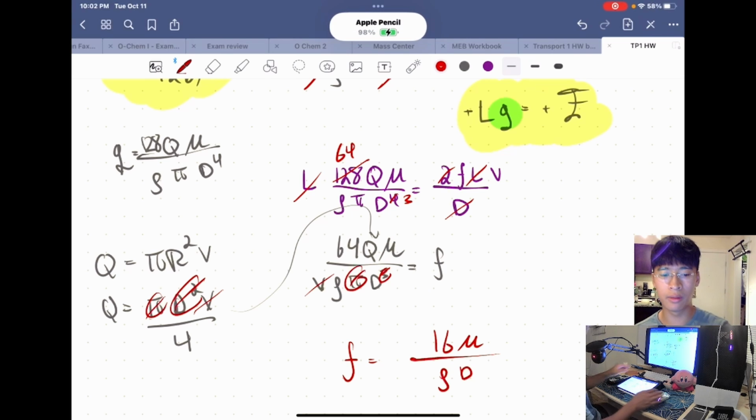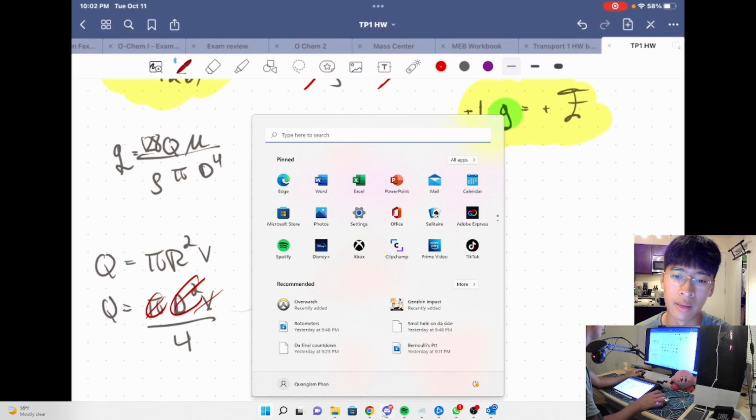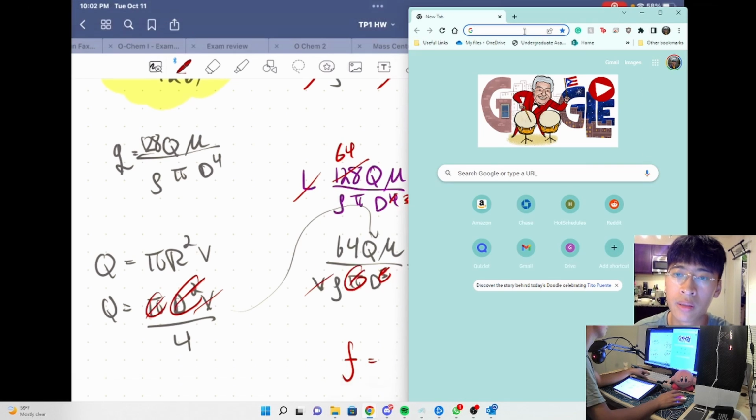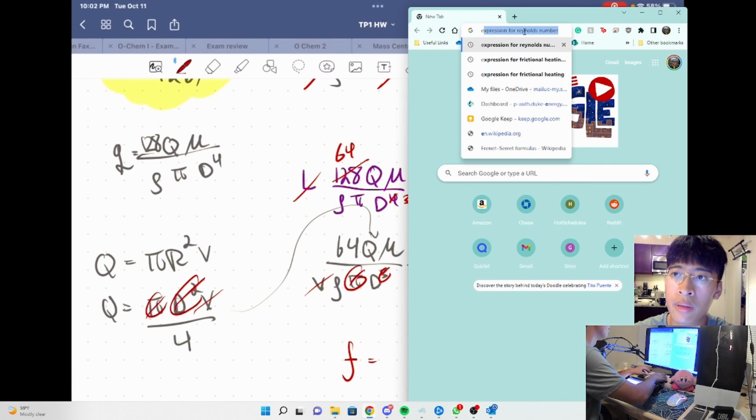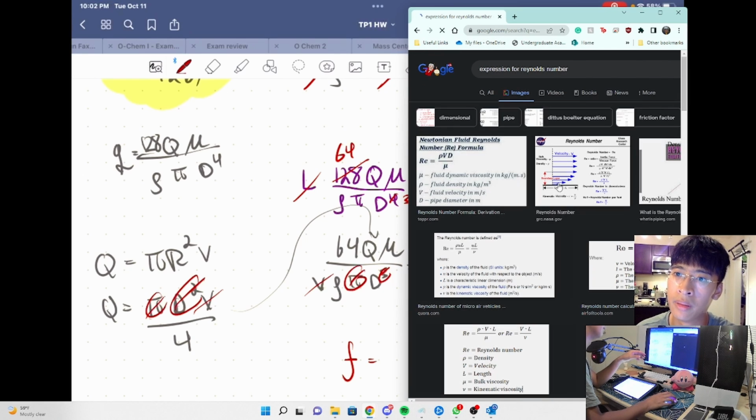Okay, and you see we're super close here. And if you go off and check out what the expression for Reynolds number is, the expression for Reynolds number says that it's rho vd over mu.